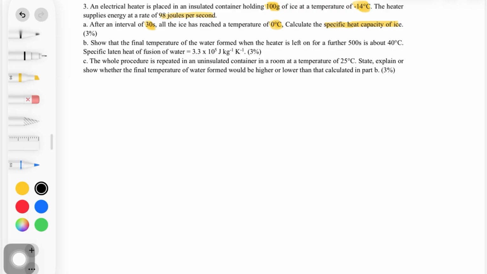So what we're going to do first is write out and label all the information that was given to us. First things first, he says 100 grams of ice, so the mass is 100 grams. In other words, it is 0.1 kg because we divide by 1000.